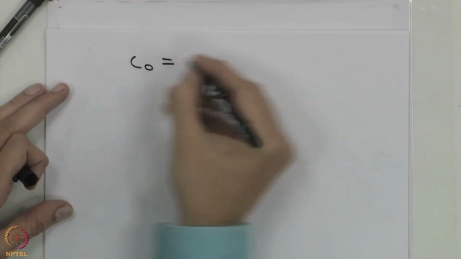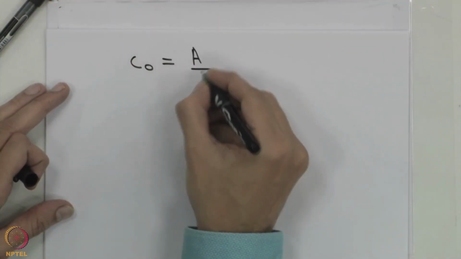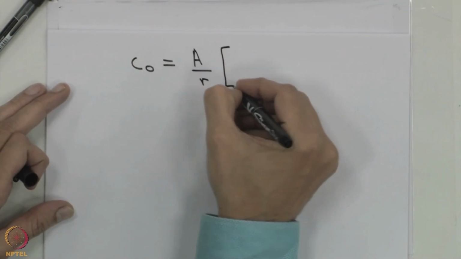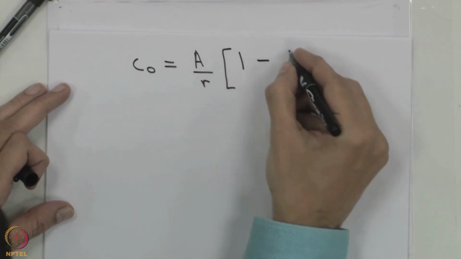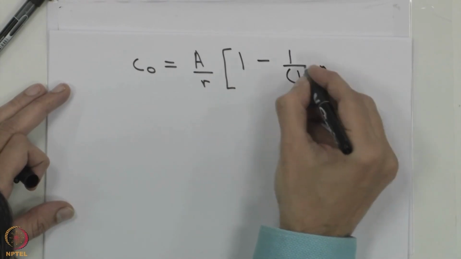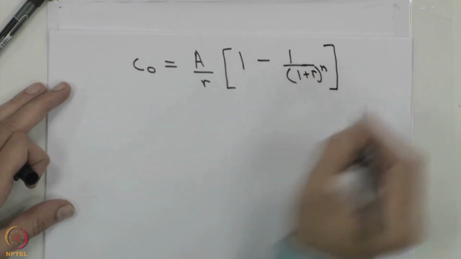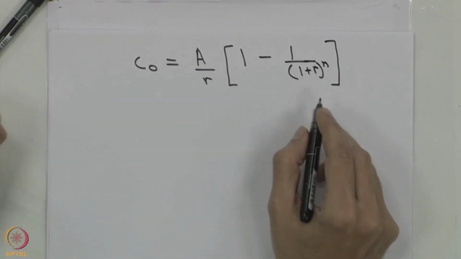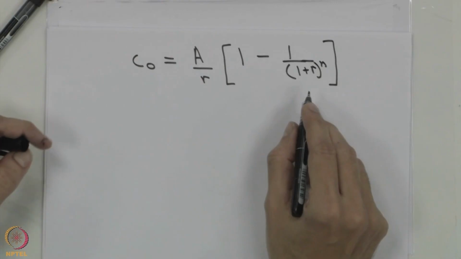Now we can simplify this by putting C0 as E by R, divide this, and now I can solve this equation. This is a polynomial equation in R.